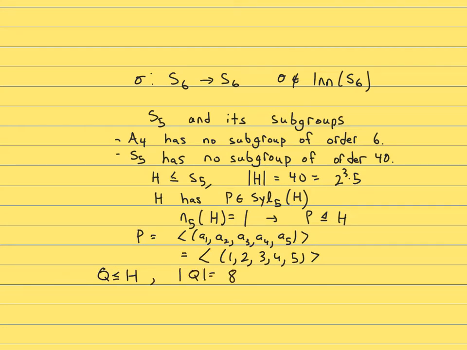So you're looking at a subgroup of S5 of order 8. Worth pointing out, Q also has to be a Sylow 2 subgroup in S5, because 8 is the largest power of 2 dividing 5 factorial.